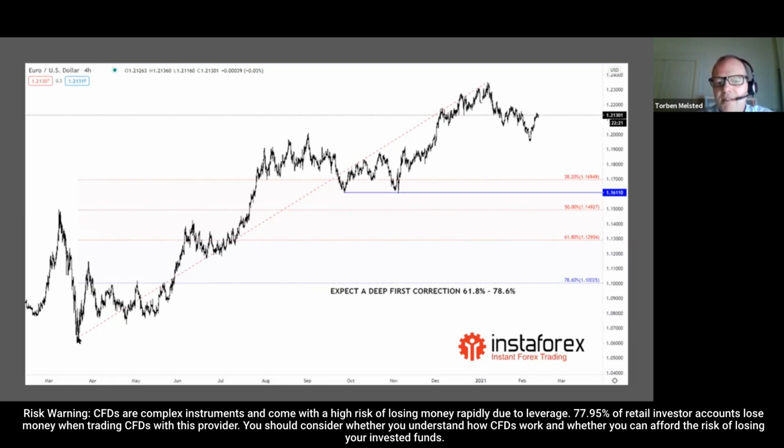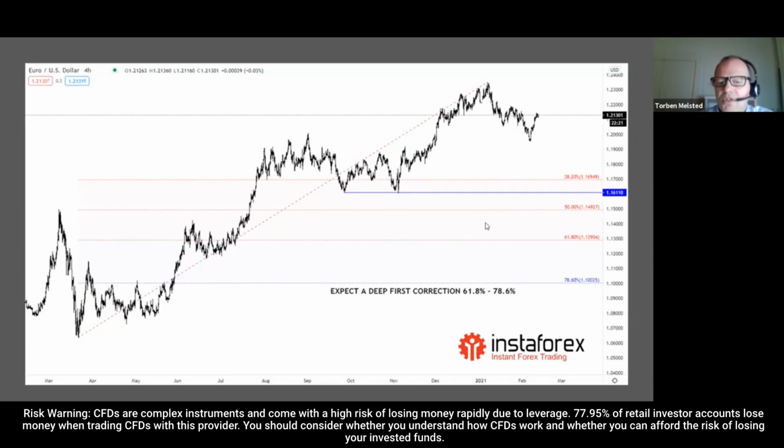And if this is a new long-term uptrend we are in, then we should expect the first one. This would then be the first one of this entire move, and it should be a deep one. So going into close to 106, not 100, but 61.8, or maybe even down to 78.6. And that would not be uncommon to see it there.